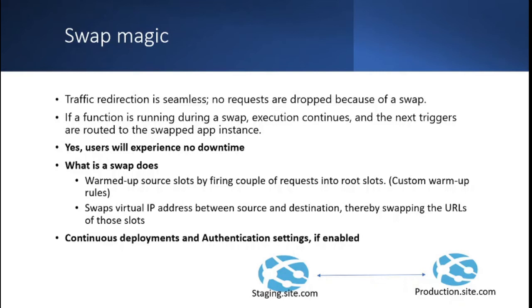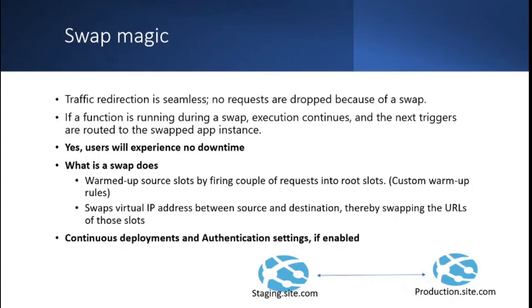When you are releasing a version in your production, users will experience no downtime. So definitely it is one of the very exciting features of Azure App Service. If a function is running during a swap, execution continues and the next triggers are routed to the swapped instance. Again I'm saying, users will experience no downtime.